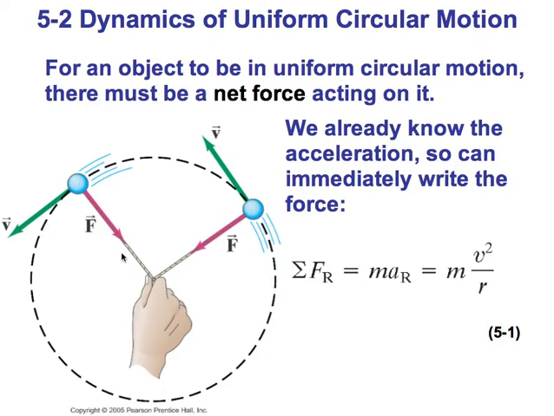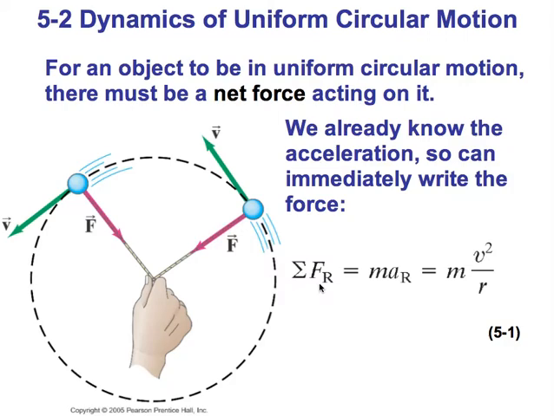Okay, so then if you're accelerating towards the center of a circle, it would make sense that there must be a force pulling you towards the center. And we call that force a centripetal force or a radial force. And the magnitude of that force, well, if we know our centripetal acceleration, a centripetal force would have to be mass times acceleration by Newton's second law.